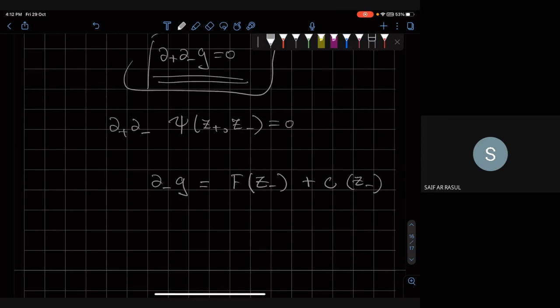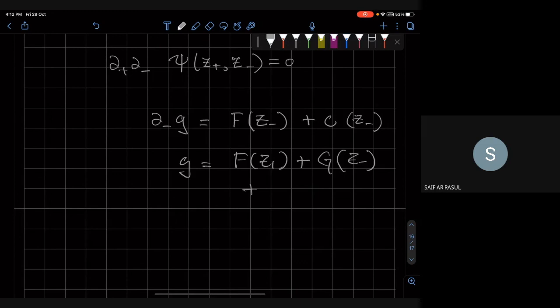This is the antiderivative. And so now if I do the integration again, I will get F of Z plus plus G of Z minus, and then we have whatever the integral of this is, C of Z.